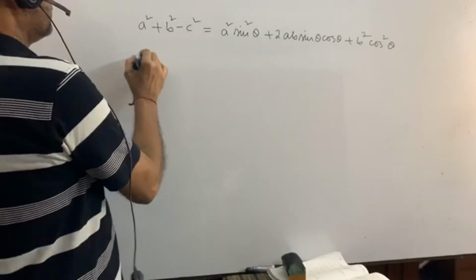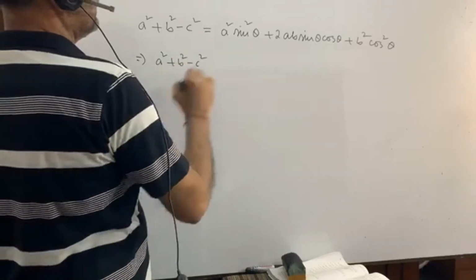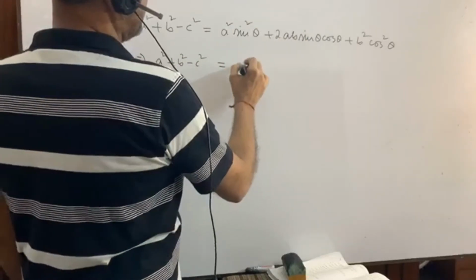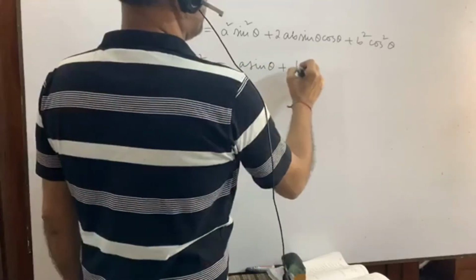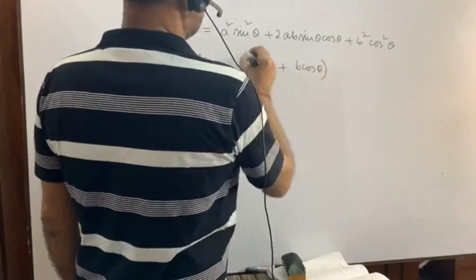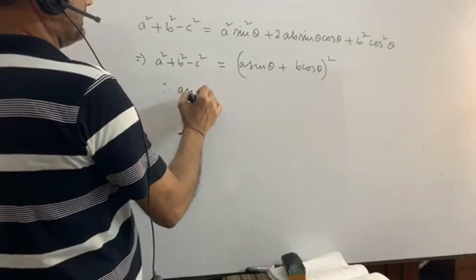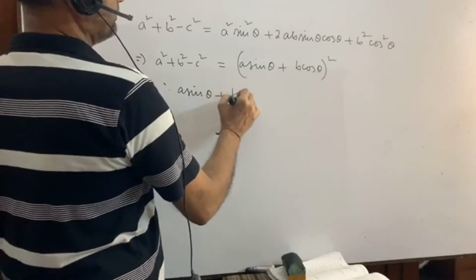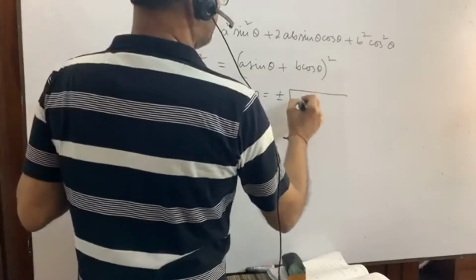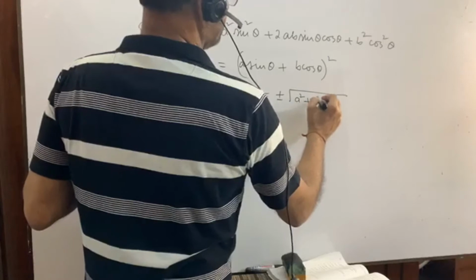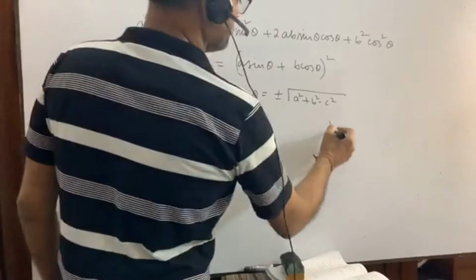That means a square plus b square minus c square is equal to, we can write here in this way, (a sin theta plus b cos theta) whole square. It is the formula of (a plus b) whole square. Therefore a sin theta plus b cos theta is equal to plus minus root over a square plus b square minus c square. So our math is done. It is proved.